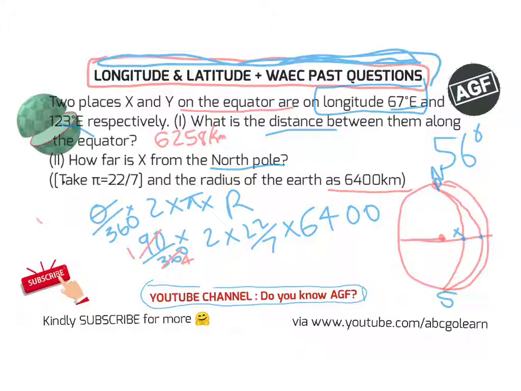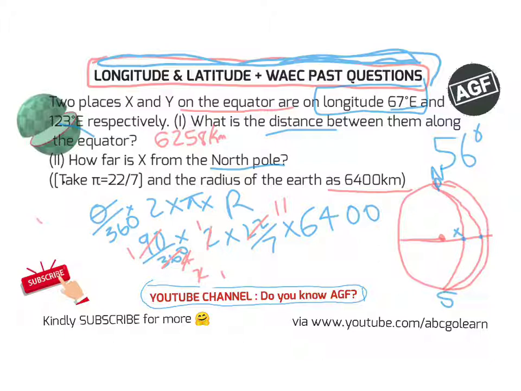Do you understand? Now you can cancel this 4, you give it 2, and this would give you 1, and this 2 can cancel this also, so we are left with 11.